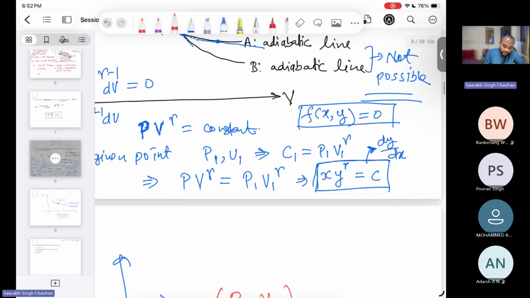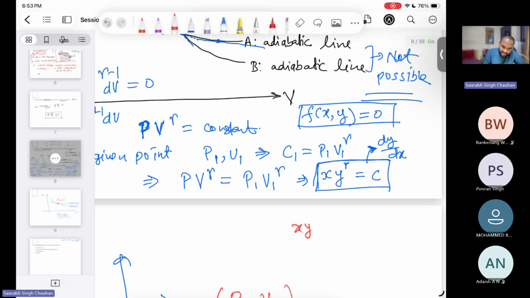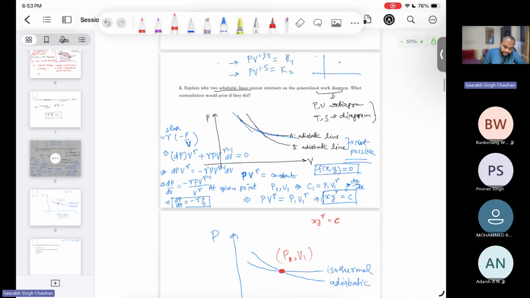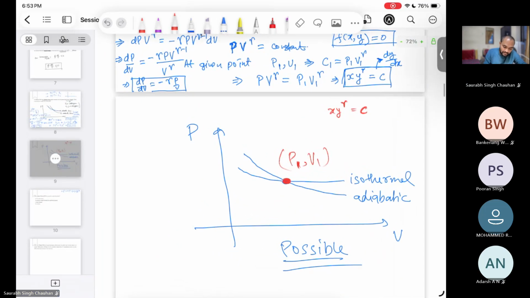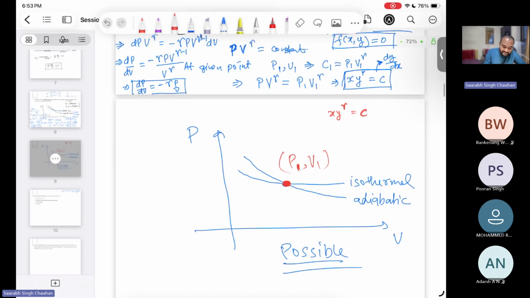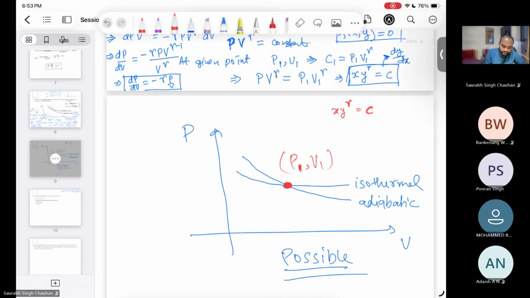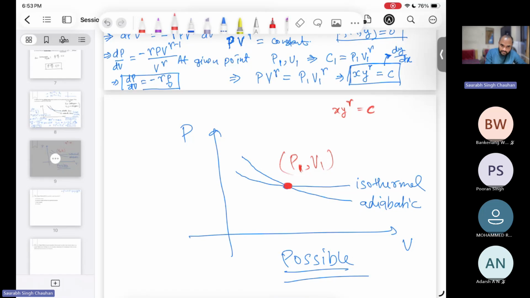But equations of this form, which have x times y to the power of some positive constant, like 1.33, 1.5, and it's equal to some other positive constant, these types of equations will not intersect if gamma and c are constant. I'm just mentioning explicitly that two intersecting lines can have a single mathematical equation.